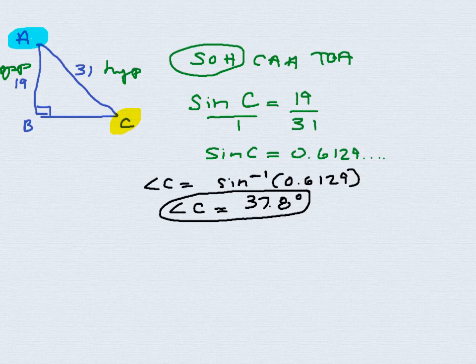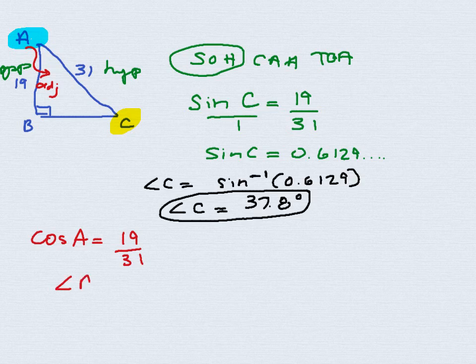If I look at my perspective of the triangle from angle A, then the 19 is now going to be considered the adjacent side to angle A, and the hypotenuse is the hypotenuse. So to solve for angle A, where I have the adjacent and the hypotenuse, I'm going to use the cosine ratio. And I'm going to take 19 and divide it by 31. The decimal value is the same, 0.6129.